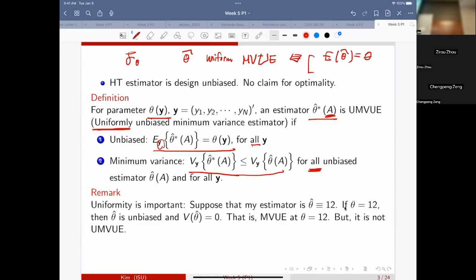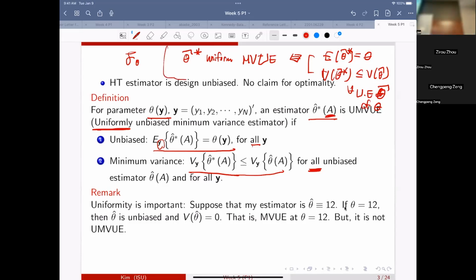And the variance of theta hat star is less than or equal to the variance of theta hat, for all unbiased estimators of theta.